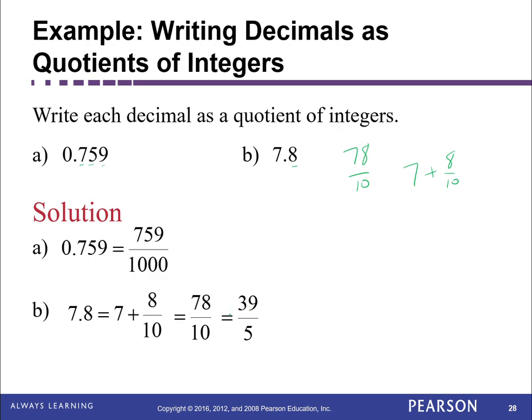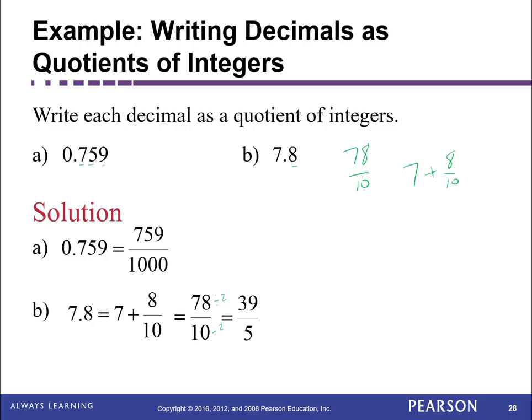Okay? We have a common number here. 2 will go into both of these. So in order to reduce 78 over 10, I need to take 2 out of both of them. If I take 2 out of 10, it leaves me with a 5. If I take 2 out of 78, it leaves me with a 39. And I have it in reduced fraction form now.